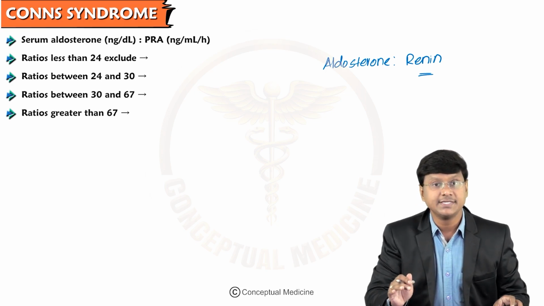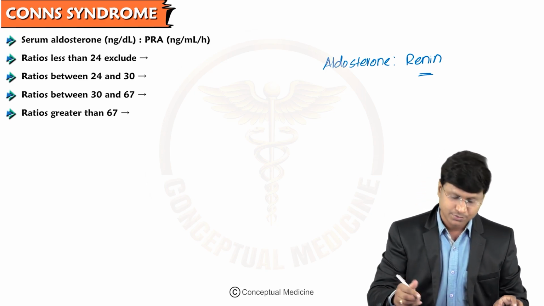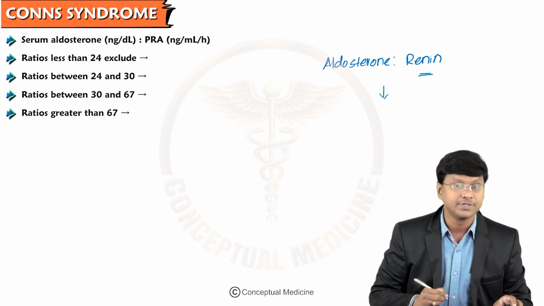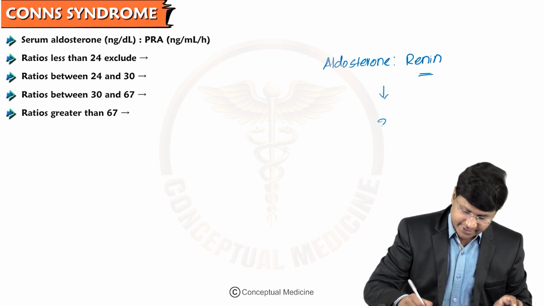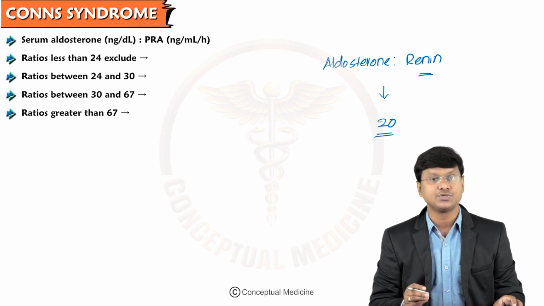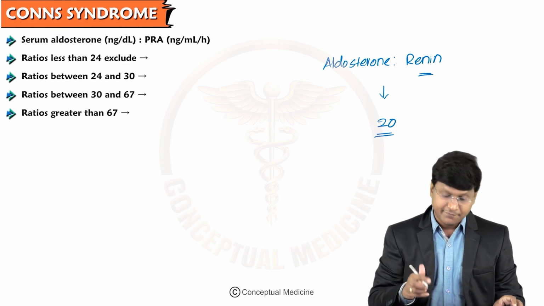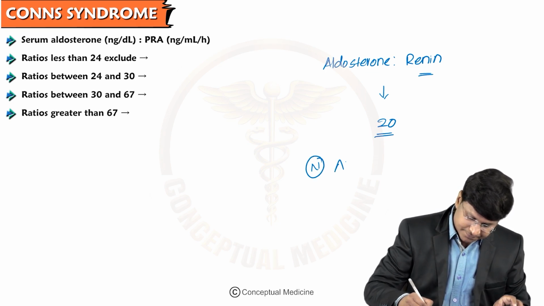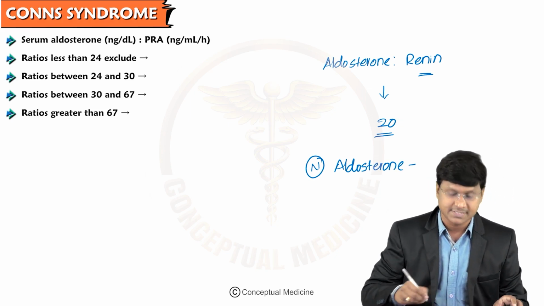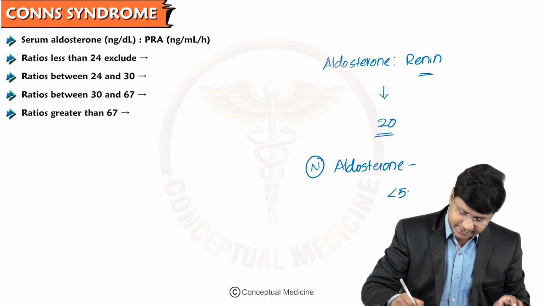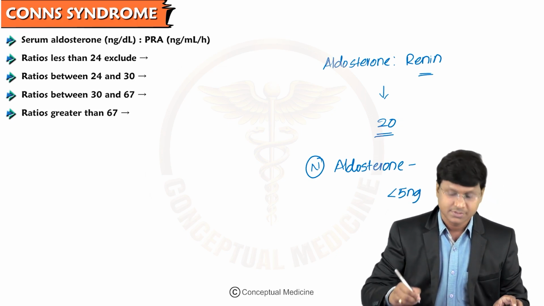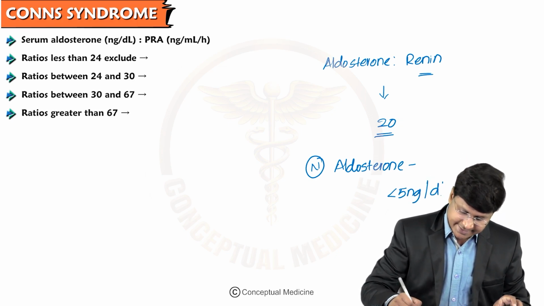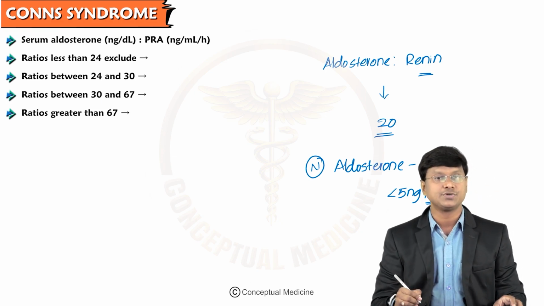Remember, what is the normal aldosterone renin ratio? Normal aldosterone renin ratio is 20. That is a normal aldosterone renin ratio. And normal aldosterone levels are less than 5 nanograms per deciliter. That is the normal aldosterone levels.